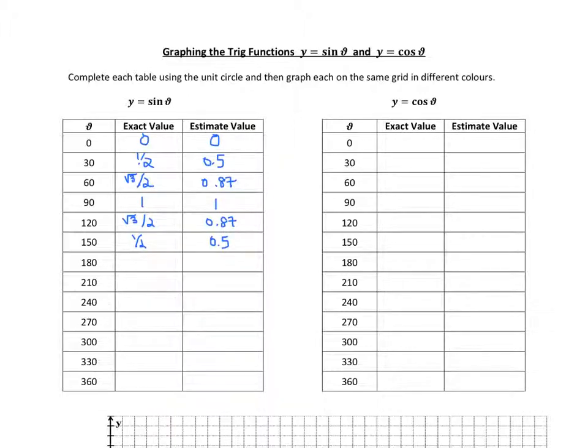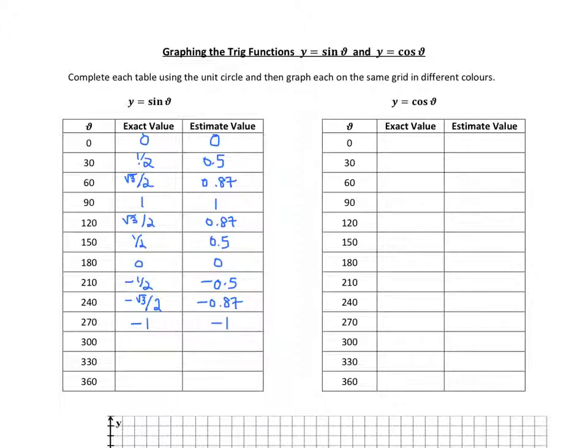Okay, so we'll continue on and fill in the table. And of course, I'm getting these values directly from the unit circle, okay, looking at the y coordinate for each point corresponding with the angles listed here.